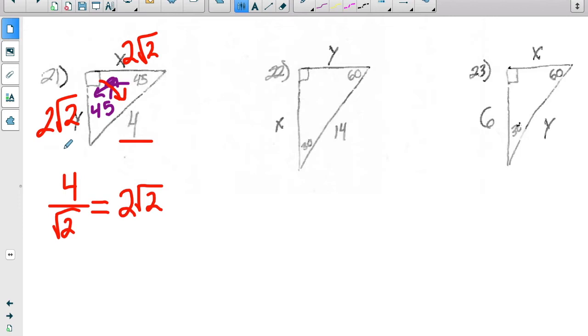So if I'm given one of the side lengths opposite the 45 degrees, the other side length opposite the 45 degrees is the same. And to get the hypotenuse, we take whatever that length is and multiply it by the square root of 2.